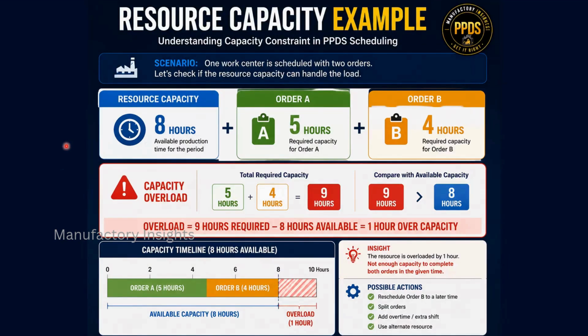Let's consider a simple example. Suppose a production resource has 8 hours of available capacity. Order A requires 5 hours, order B requires 4 hours. Together, they require 9 hours.